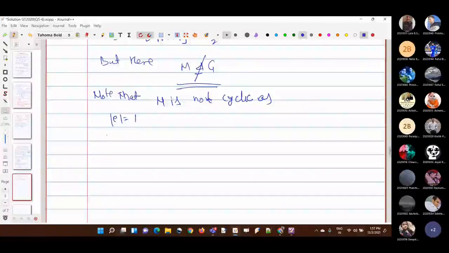So the order of identity is 1 and the order of R180 is equal to 2. And you know that horizontal and vertical flips have order 2.